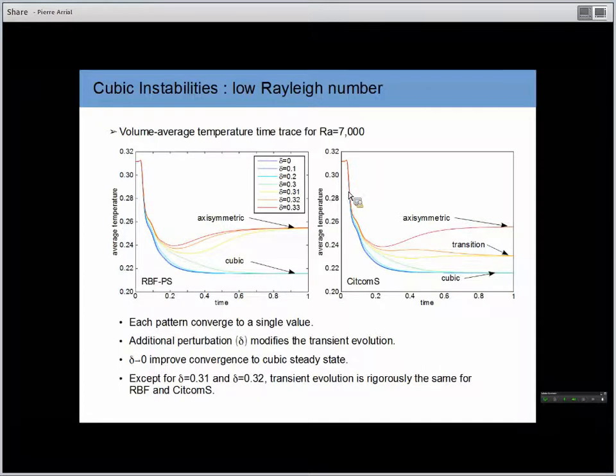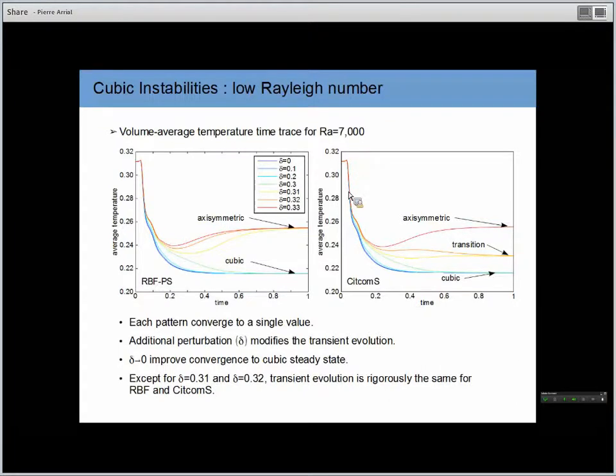I'm just going to show you a few animations to show you how this pattern evolves with time. First, it's for the cubic steady state.